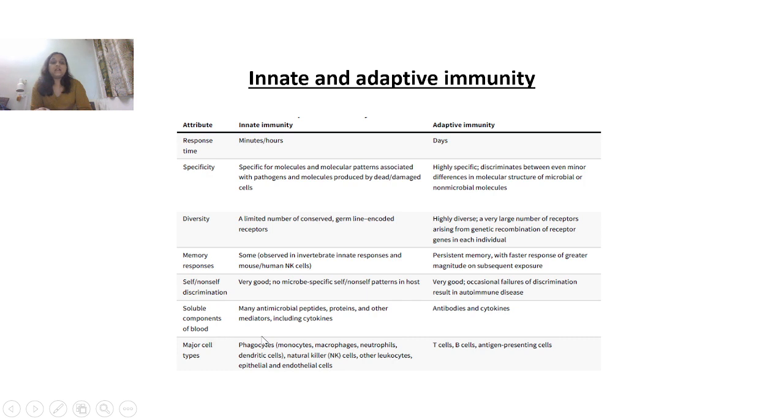Soluble components of blood in innate immunity include antimicrobial peptides, proteins, and other materials like cytokines, while adaptive immunity includes antibodies secreted by the B cells and cytokines. Major cell types in innate immunity include phagocytes, natural killer cells, leukocytes, epithelial cells, and endothelial cells, while in adaptive immunity they are antigen presenting cells, T cells, B cells, etc. So these are the major differences between innate and adaptive immunity.